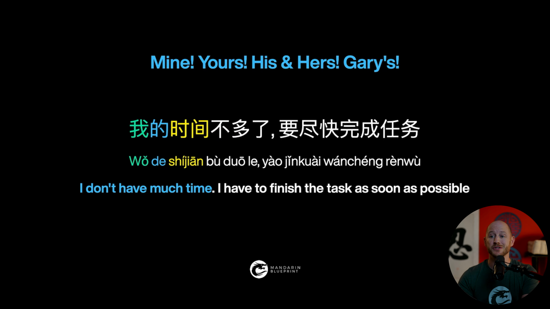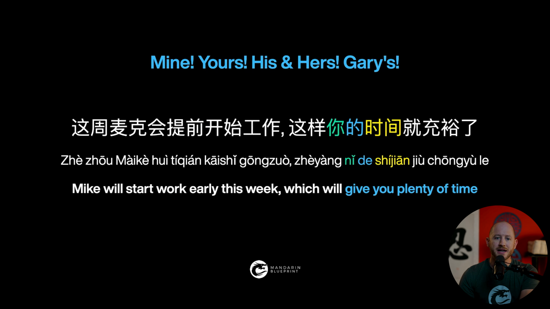Now, it can also be used with abstractions. 时间 is kind of abstract, but you can still use it in the same way you do in English. 我的时间不多了，要尽快完成任务. I don't have much time, I have to finish the task as soon as possible. And so, in this case, it's just an abstract idea of the time that you have. 这周麦克会提前开始工作，这样你的时间就充裕了.